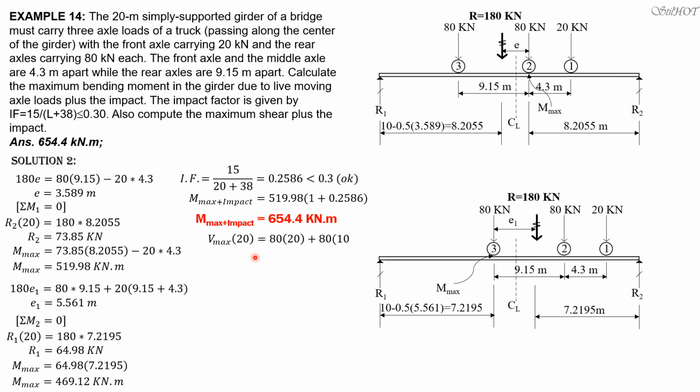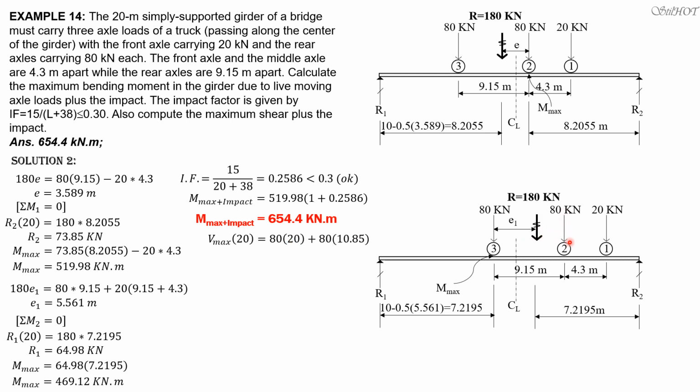So Vmax equals R1, summation of moments about 2 equals 0. So Vmax, which is R1, times 20 equals, imagine that load 3 is here. So the distance of 180 from, so this is 80 over R1. So its distance from the right is also 20.